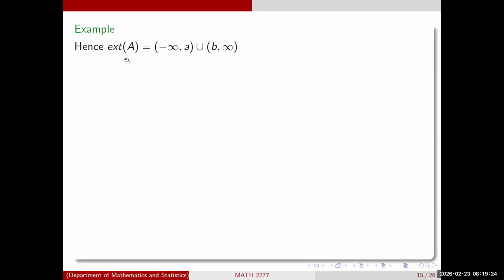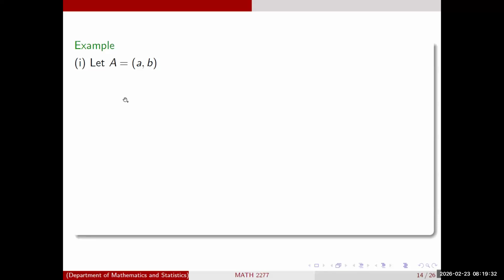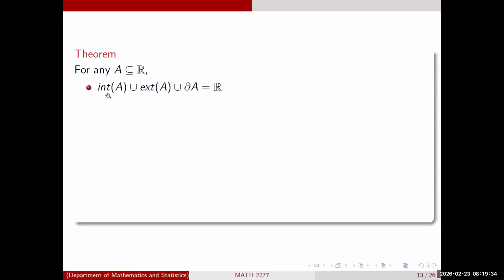Okay, so we got the interior, we got the exterior. Now, to get the last guy, the boundary, let me go back to this result. This result that we just spoke about is basically telling us another way to find one of these sets.